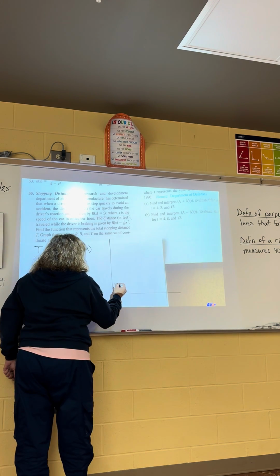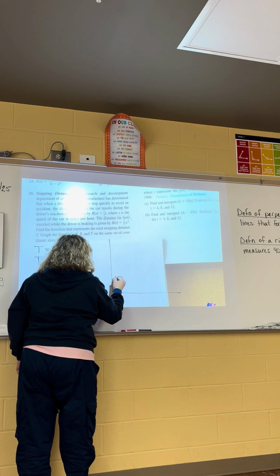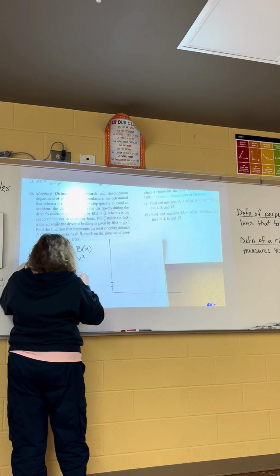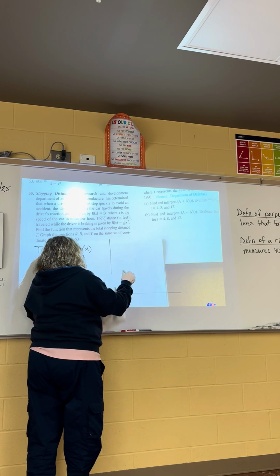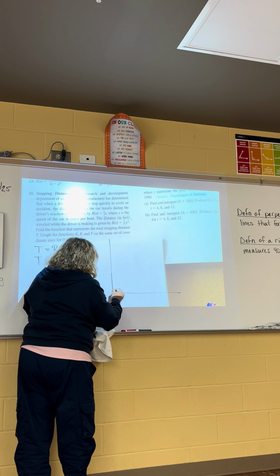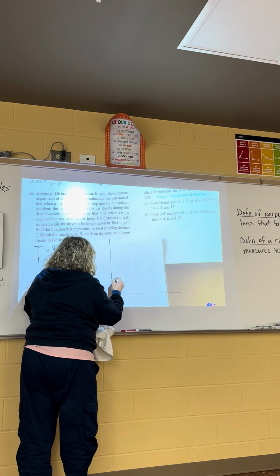I only need the first quadrant. Why? Everything has to be positive, right? My reaction time, my braking time, everything has to be positive, so I don't have to worry about the rest.